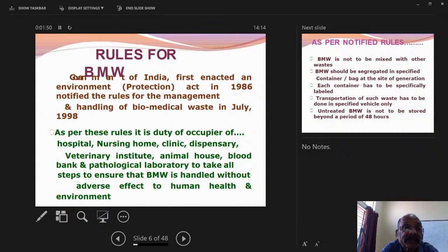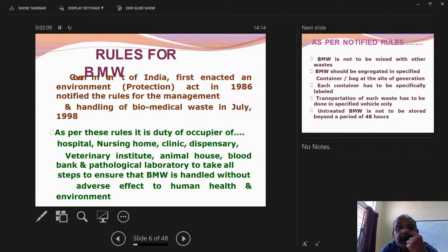Rules for biomedical waste management. In India, the Environmental Protection Act was first enacted in 1986, and the rules for the management and handling of biomedical waste were notified in July 1998.